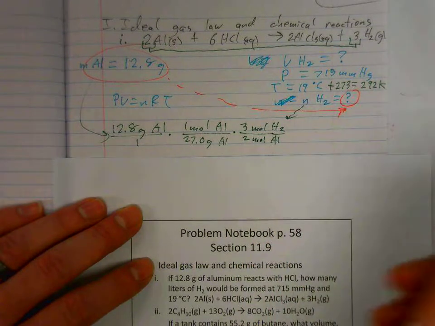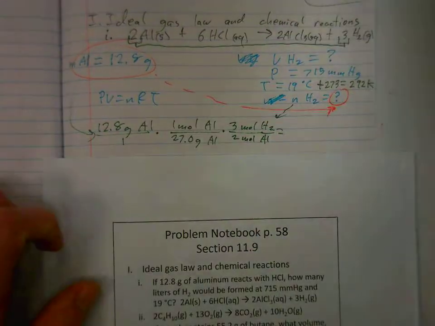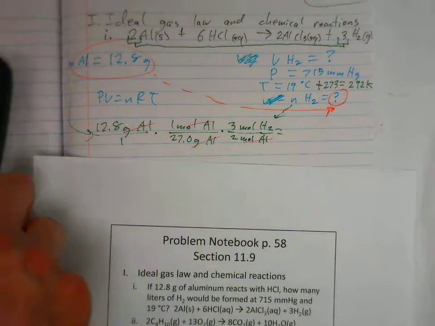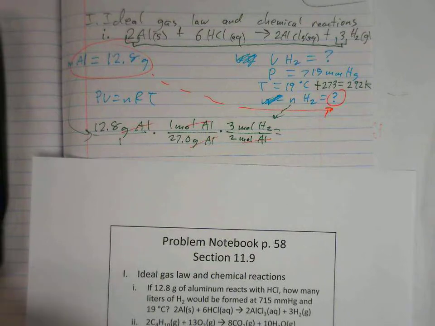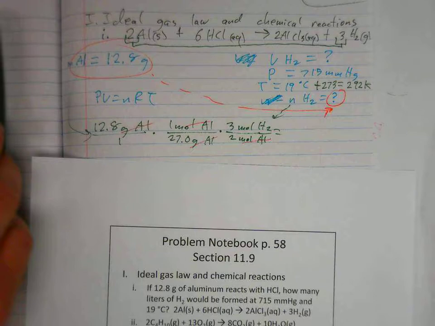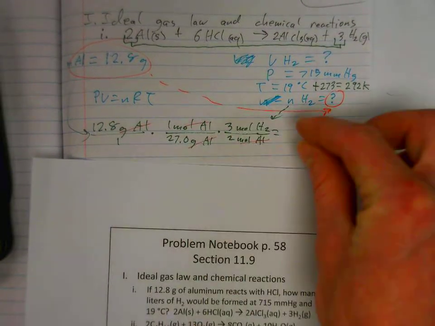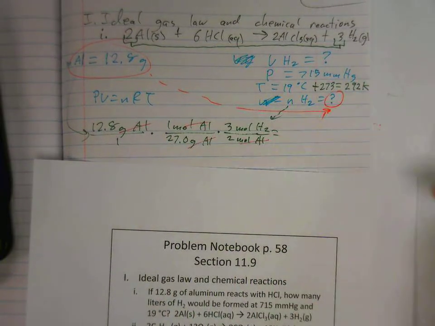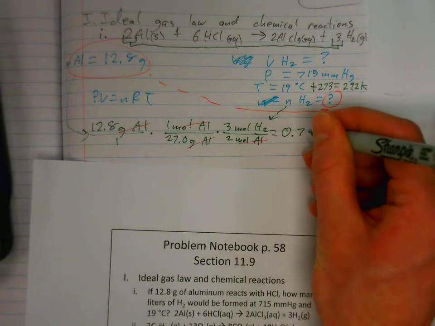We calculate the moles of hydrogen. Right, so this times this divided by this times this. You might want to write down the numbers on the top first, the products on the bottom first, and then divide the two. And so that comes out to 0.711 moles of hydrogen.